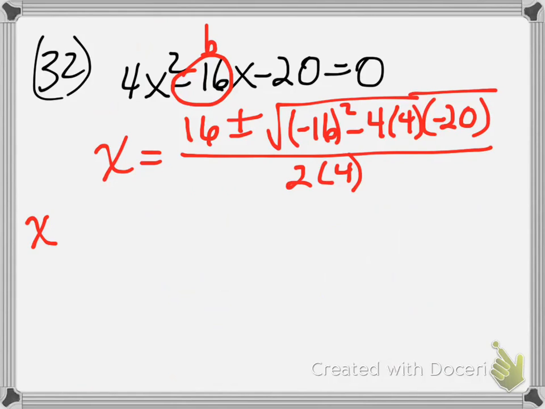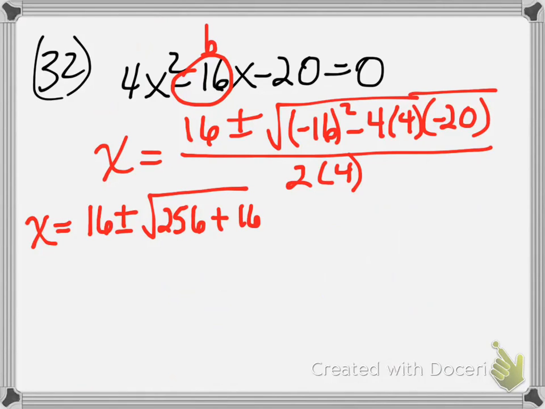So starting to simplify this, x equals 16 plus or minus the square root of 256 plus 160, nope, that's not right. 4 times 4 is 16. 16 times 20 is going to be 320, divided by 8.